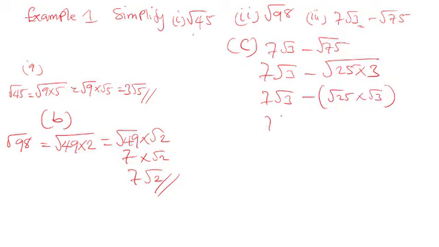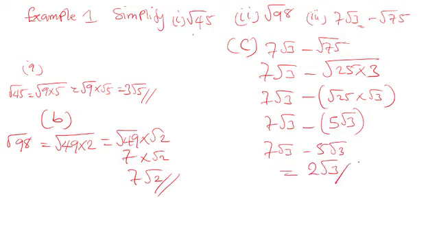So you now have 7 root 3 minus root 25, which is 5. Then we have here root 3, since we cannot do that of root 3. So this is now 7 root 3 minus 5 root 3. So 7 minus 5 is 2 root 3. So the value for 7 root 3 minus root 75 will give us 2 root 3.